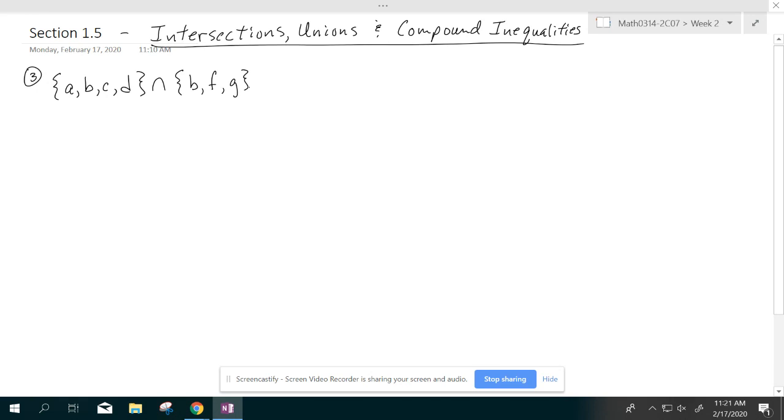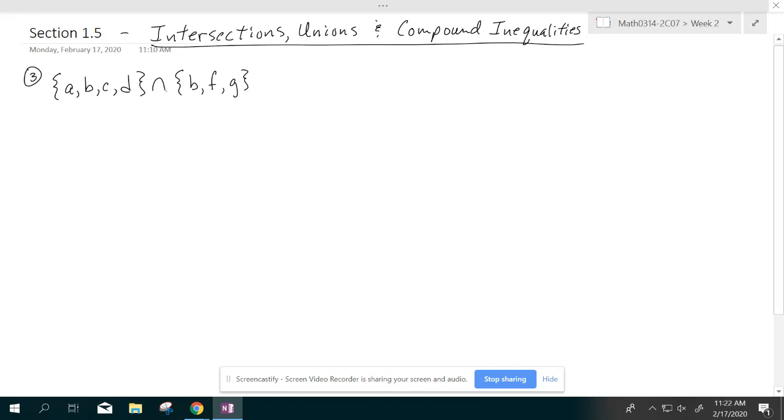And the instructions say find the intersection or union. And so the first thing that you're going to have to be able to determine is whether this is an intersection or a union. And that deals with the symbol that's in the middle, okay?